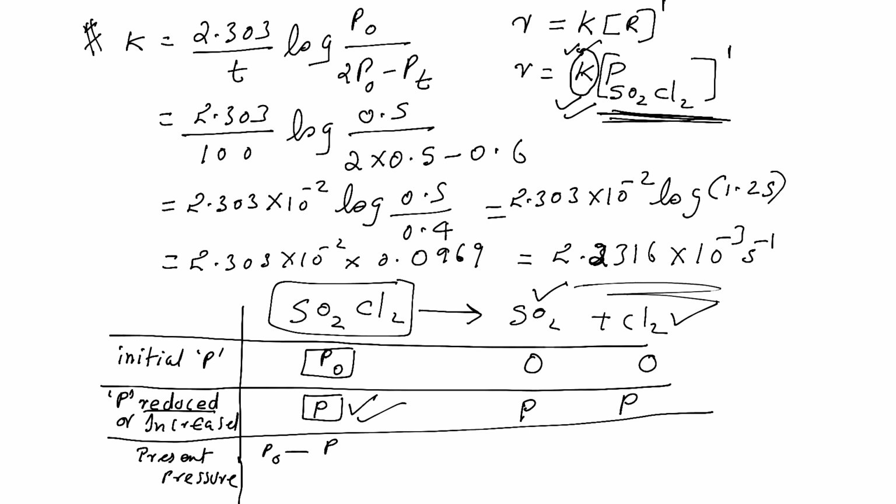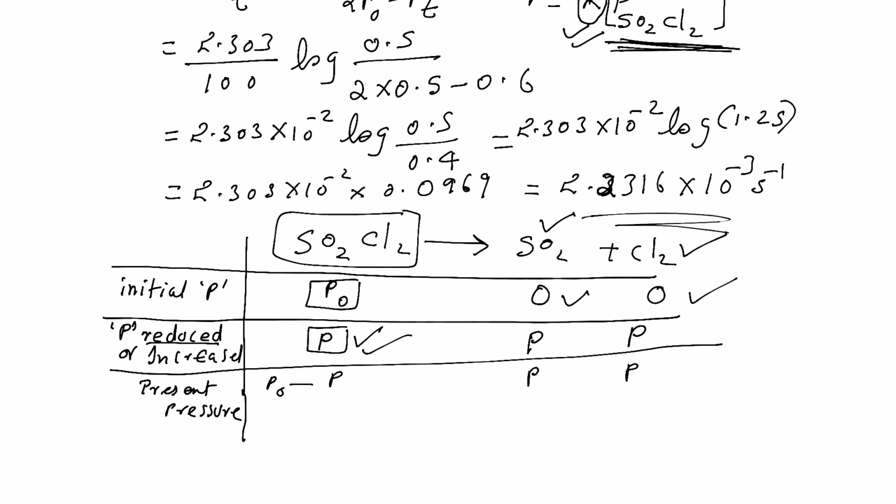Regarding SO2 and Cl2, there is no initial pressure because there is no SO2 or Cl2 when the reaction starts. But when the reaction proceeds, SO₂Cl₂ disappears and SO2 and Cl2 appear. So pressure is increasing, and how much is it increased? P pressure. Now, what is total pressure?